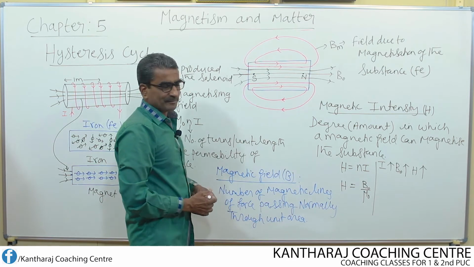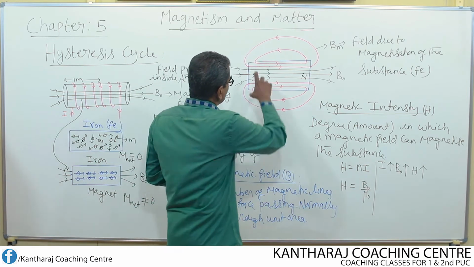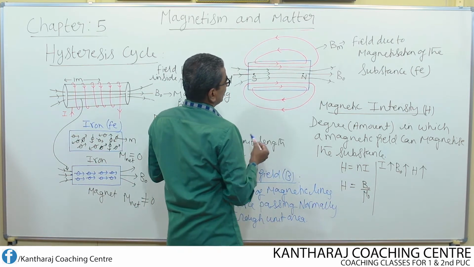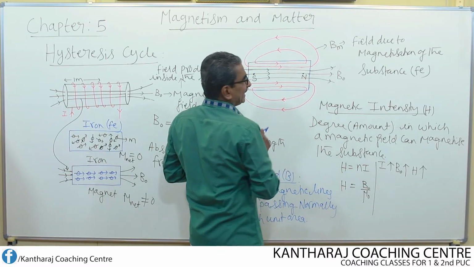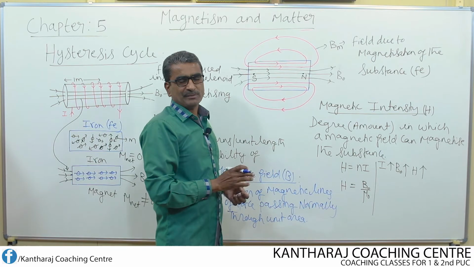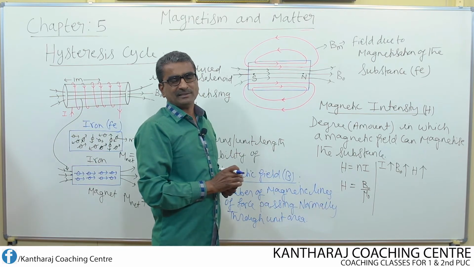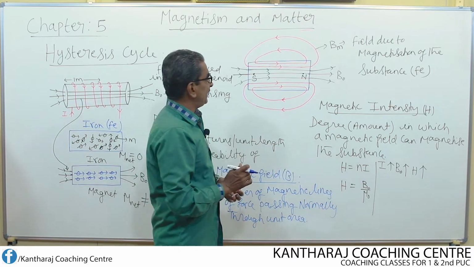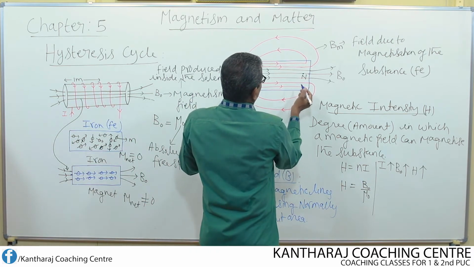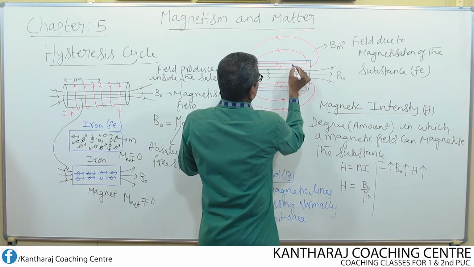What does it mean? Suppose inside the material I consider one unit area. That area may be of any shape, either circular, rectangular or square. Now I consider a circular shaped area like this.